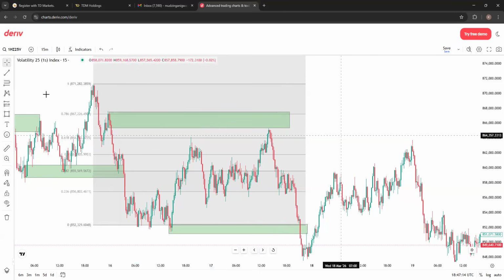Meaning someone might be like, price is supposed to come and use this order block or use this order block over here. But at the end of the day, price is not forced to come and utilize this order block or that order block over here.